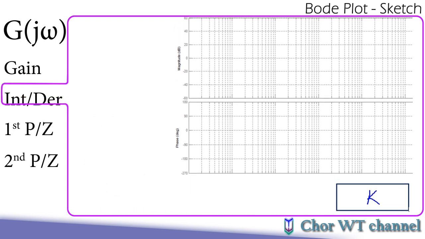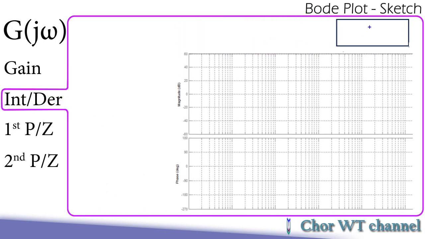Next, we move on to the integrator or derivative. For this example, I'm going to assume that it is 1 over s. The 1 over s will be transformed to 1 over j omega when we are dealing with the frequency response. The magnitude of g will equal 20 log the magnitude of 1 over j omega. Because the complex term j omega lies in the denominator, this term will become negative 20 log omega.